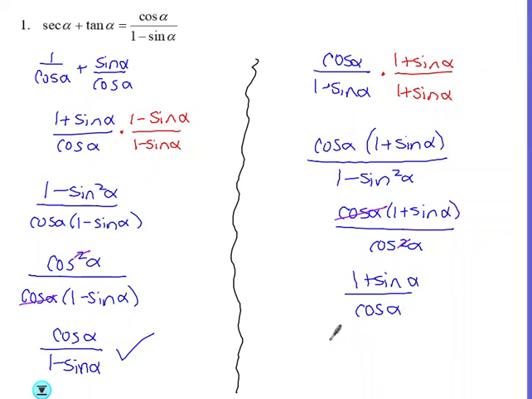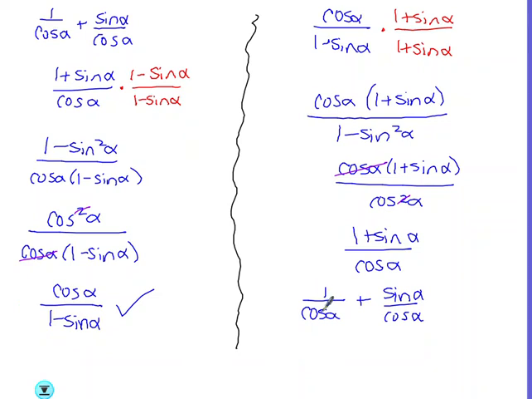Now, I can split up my fraction and have 1 over cosine of alpha plus sine of alpha over cosine of alpha. And then I can simplify these. 1 over cosine of alpha is secant of alpha, and sine alpha over cosine alpha is tangent alpha, which is the left side of the problem that we started with.